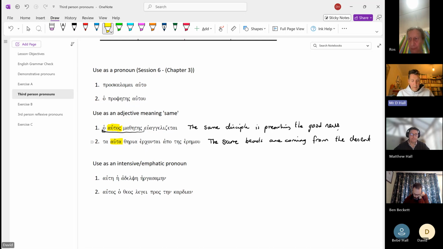Okay. Now, if we put the pronoun the other side of the article, I want you to notice here that we have the pronoun before the article. Okay, so alte he adelphi, that means the sister herself.